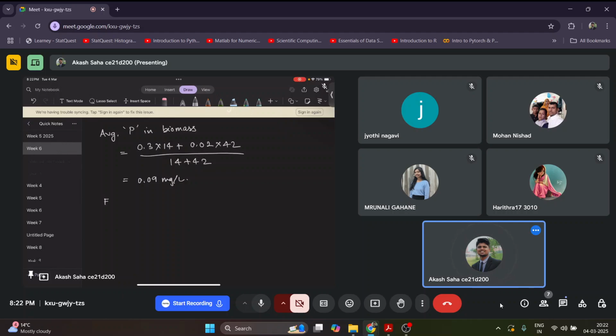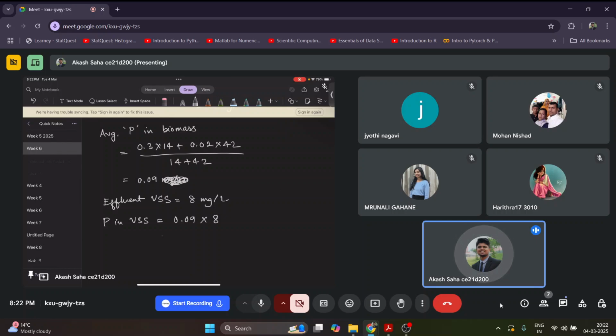And now effluent VSS is given in the question. Effluent VSS given in the question is 8 milligram per liter. Okay, so what will be my P in the effluent VSS? So average, whatever we got, into the effluent VSS of 8.